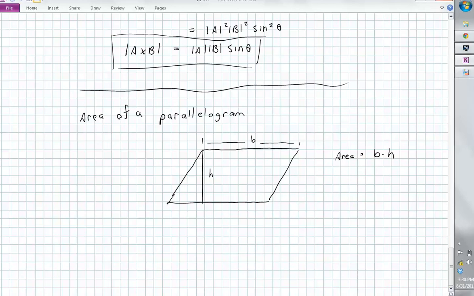Two vectors naturally form a parallelogram in the following way. If I take two vectors and put them tail to tail, they naturally form this parallelogram. Does everybody see that? And again, we have to bring up the angle here. In terms of A, theta, and B, let's figure out what H and b are. H, in terms of A and theta.